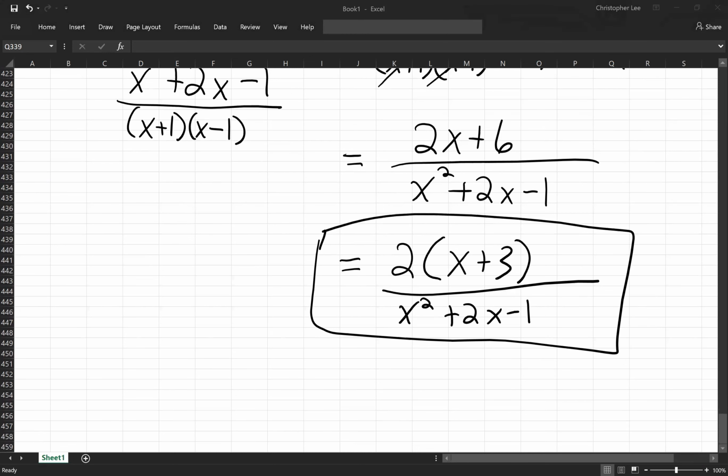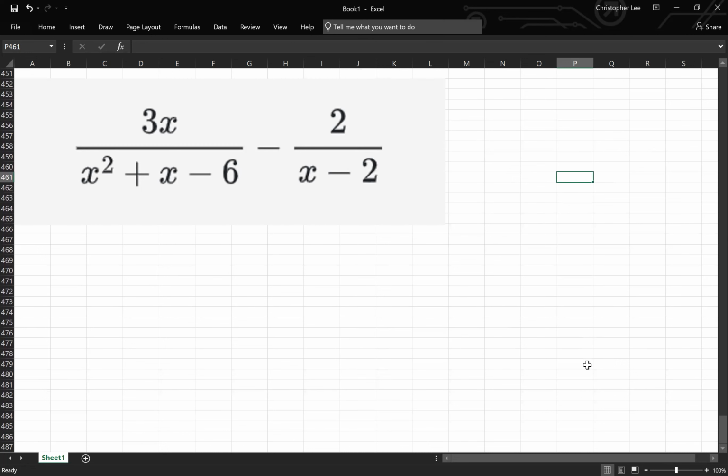All right. Similar question coming up now. So I want to subtract these rational expressions right here. So what do I do first? Factor it, right? So let's factor this.